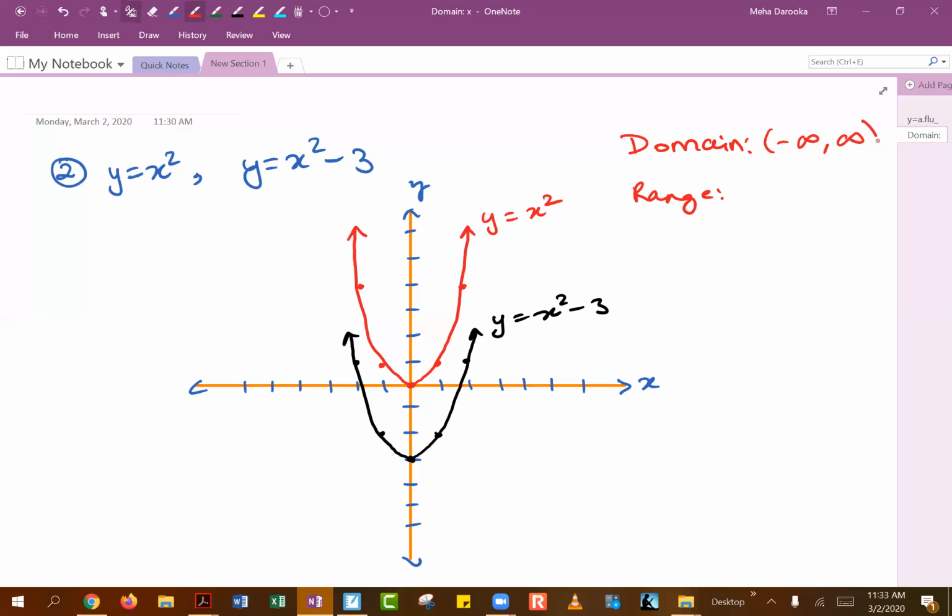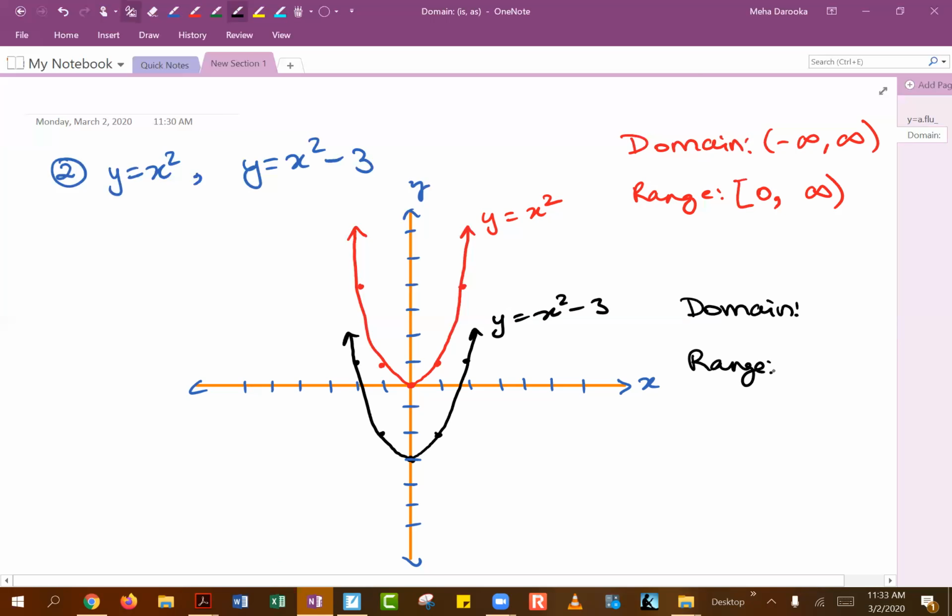So domain will be negative to positive infinity. Range, the y values. Very good. Yep, starting at 0, including 0. So that's bracket 0 going to positive infinity because your graph will be going upwards. Very nice.